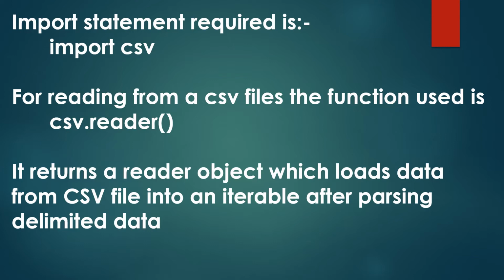So when we want to write a program to read the CSV file, the first thing is to import the CSV module, and the statement is import csv. Now the function used to read the CSV file is csv.reader. This reader function is used to read the data from the CSV file.